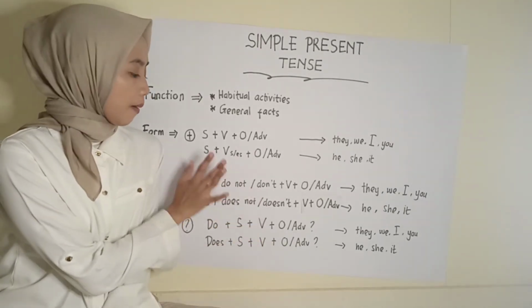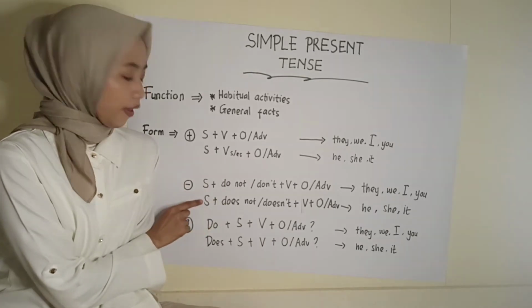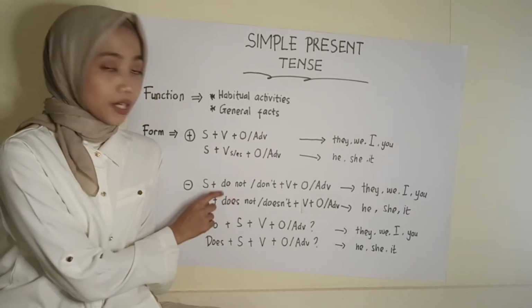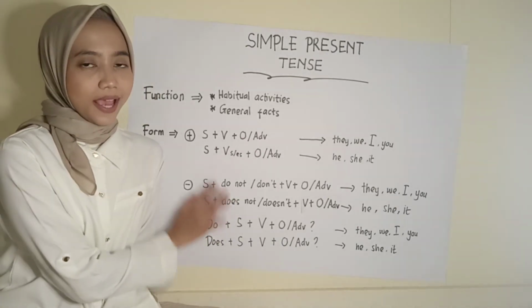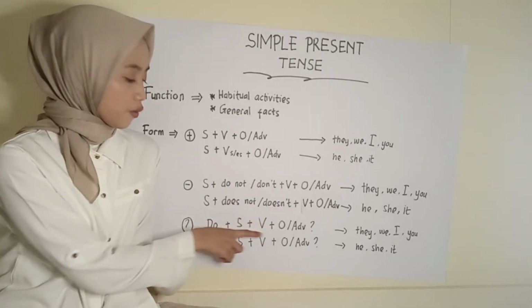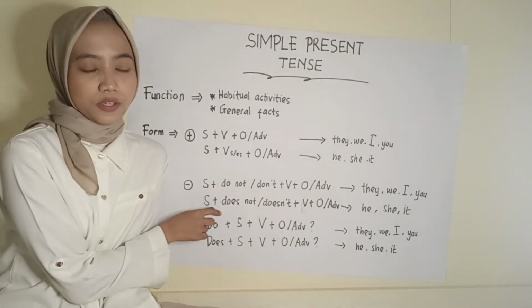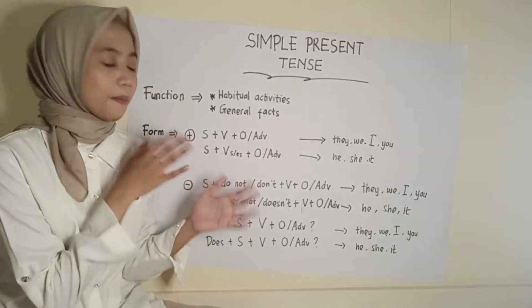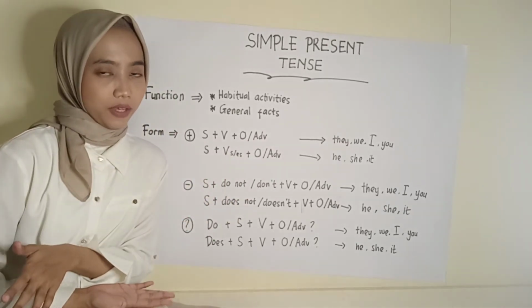But remember, in the second formula, when we already put does, we don't add s or es in the verb because we already put does. So the verb is changed into the basic form of it.